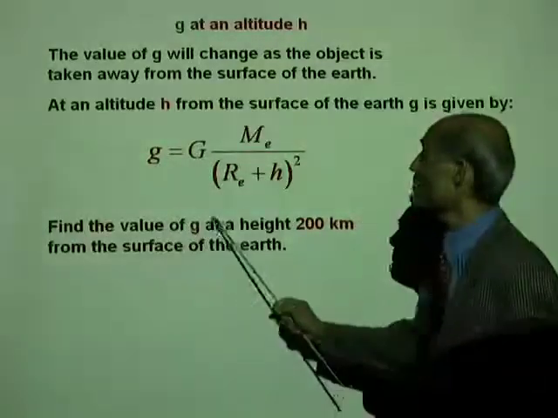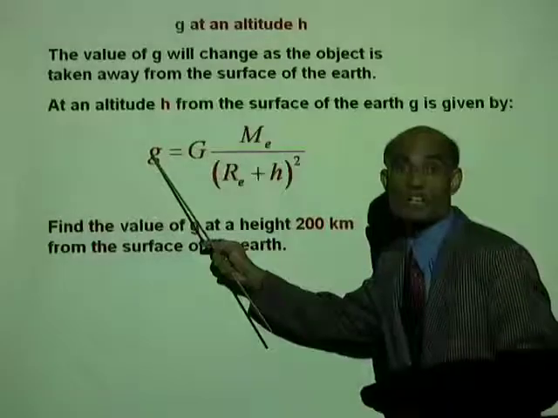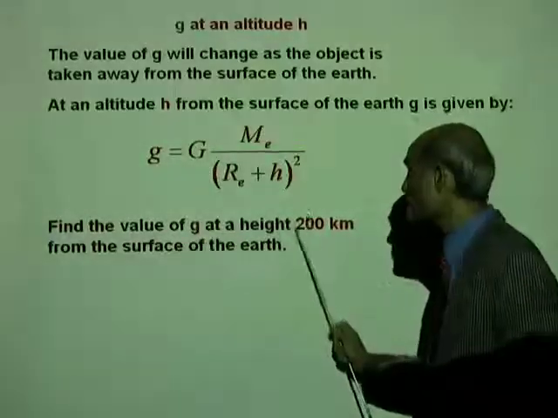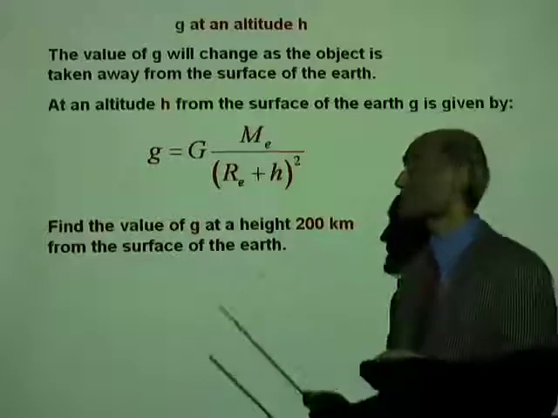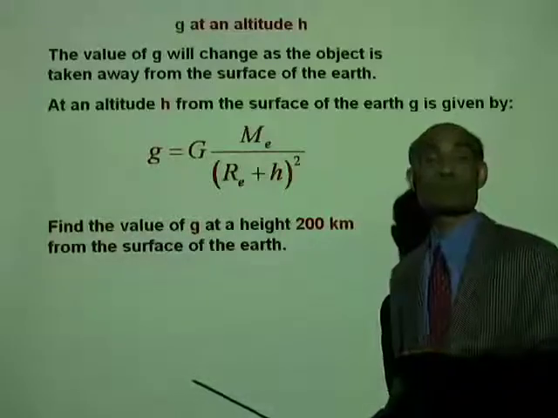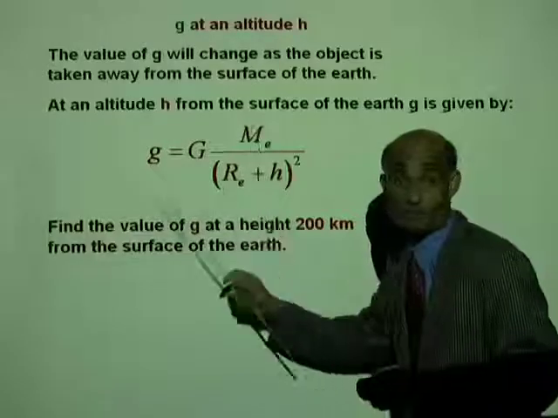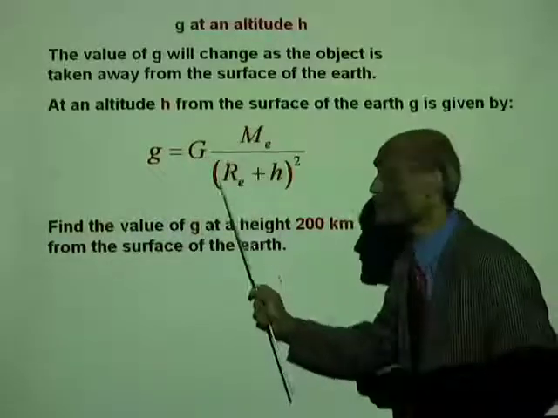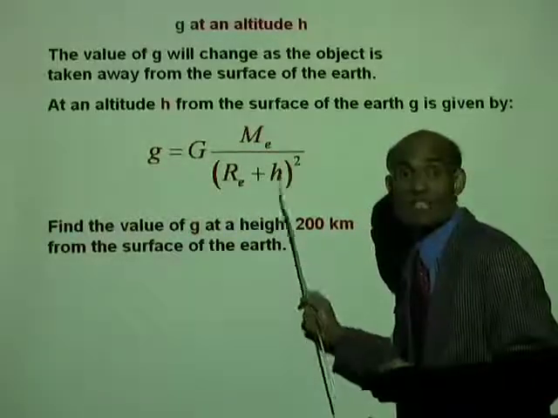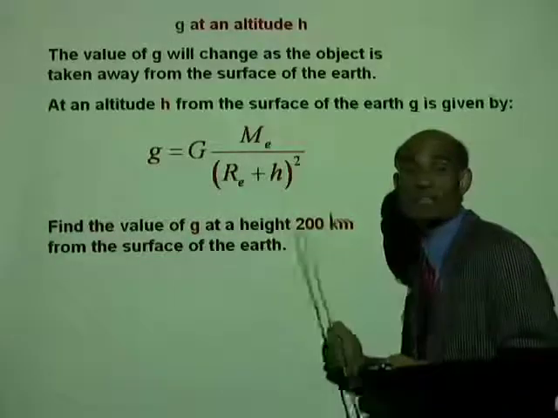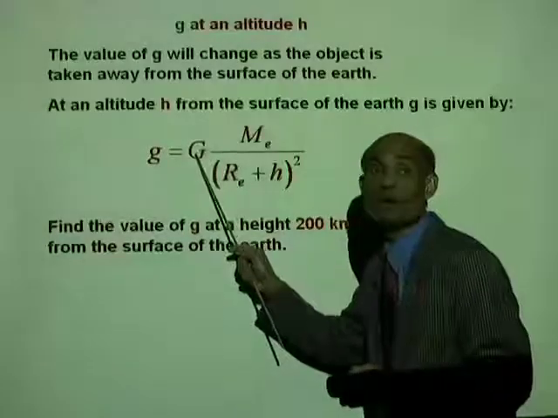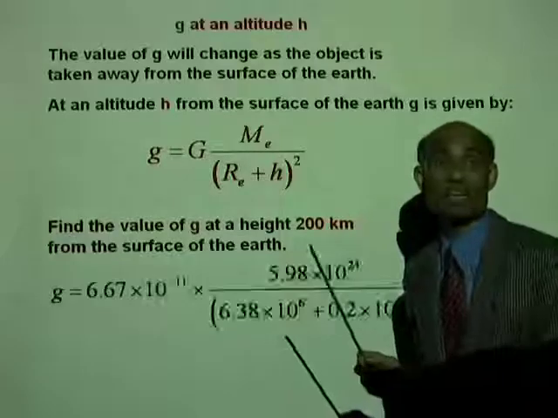Let's find the value of g, the acceleration due to gravity, at a height 200 kilometers from the surface of the Earth. Well, we know the mass of the Earth from the previous problem. We know the radius of the Earth. h is now given as 200 kilometers. And we know the value of the gravitational constant.